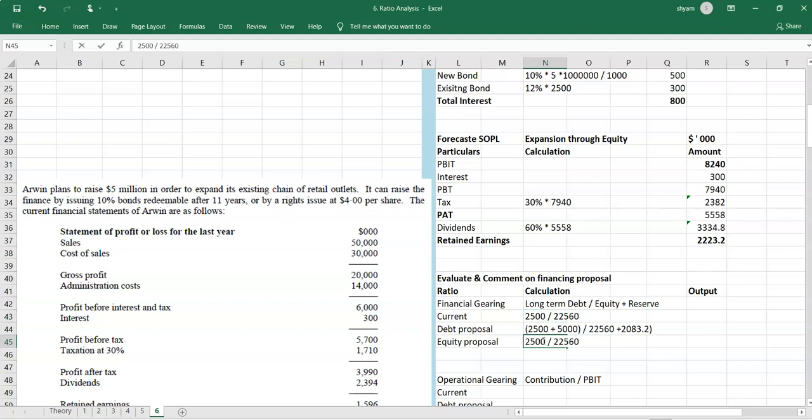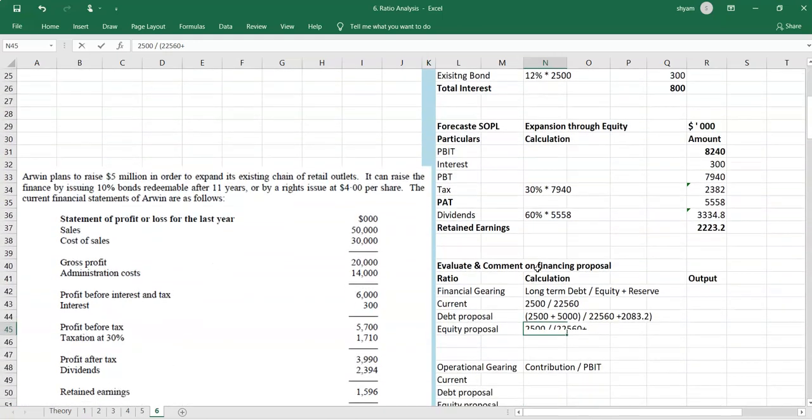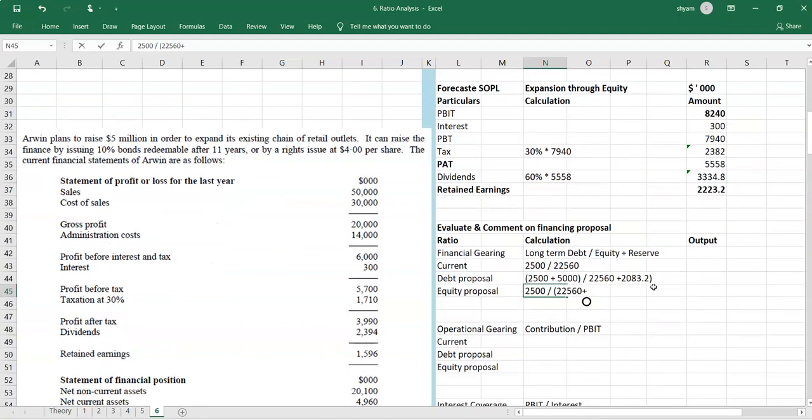In equity, the long-term debt is the same, but the equity and reserve will increase. How much will it increase? It will increase by what we calculated. We have calculated it already here. It is 222.3. Okay, by that it will increase. So it is 3.2, right? So we can get the answers directly.